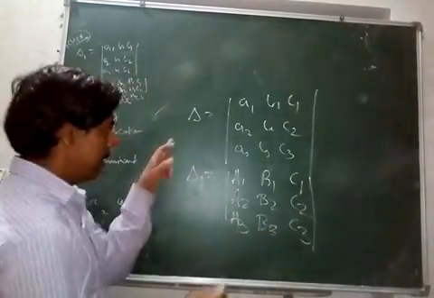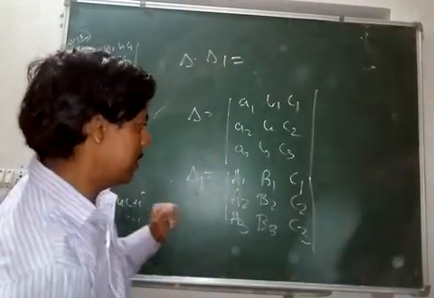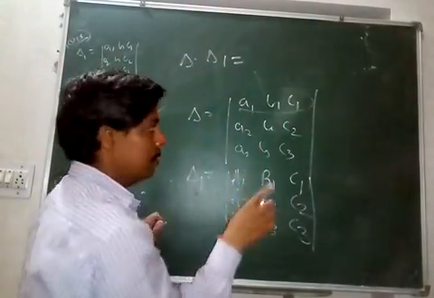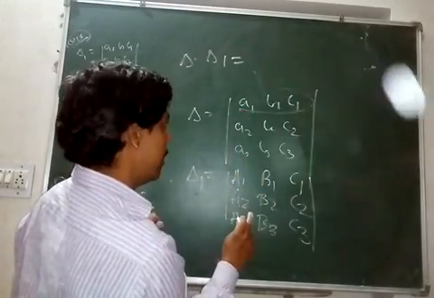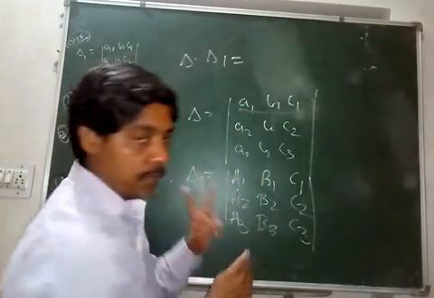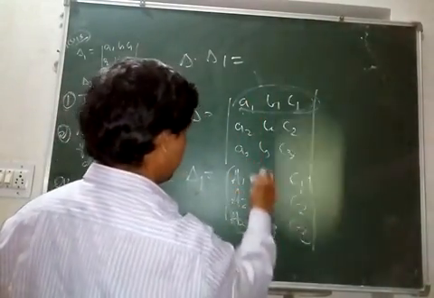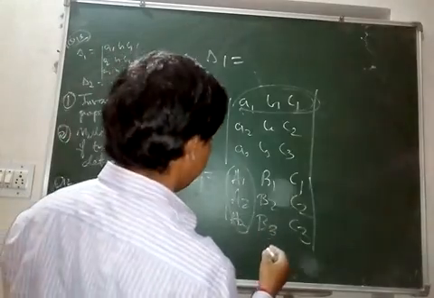Now you need to multiply delta and delta 1. So the answer will be something like this. You can do it like this: first row multiplied by first column, just like that. There are two ways. First row multiplied by first column will give you the first element. So what is that first element that you will get?